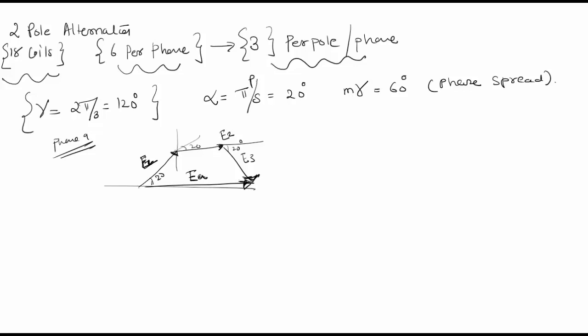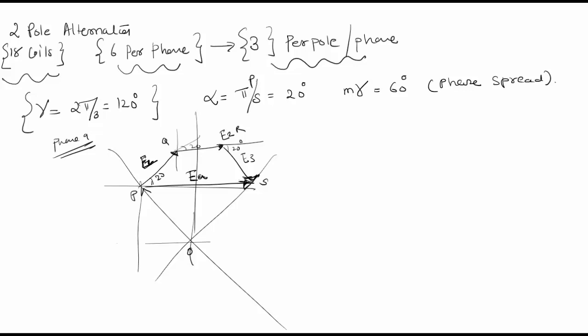And if I am considering this whole graph with a reference point origin, and I say this is my P, Q, R and S, then if I divide this graph with a midpoint, this will be equal to m gamma, my phase spread, and this will be m gamma by 2, and this will be m gamma by 2, or m alpha by 2 in this case.